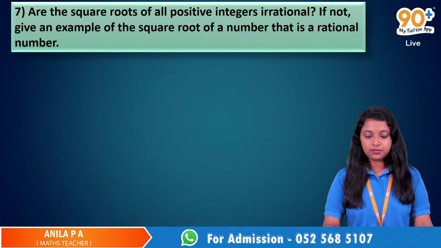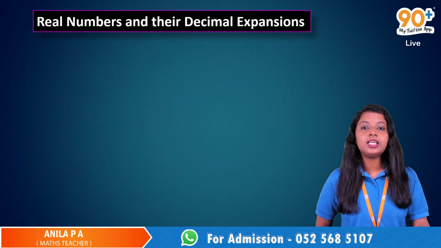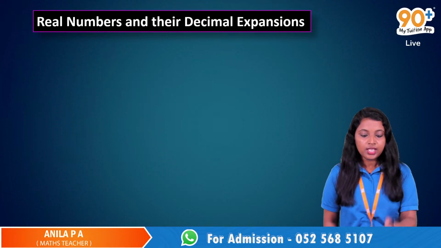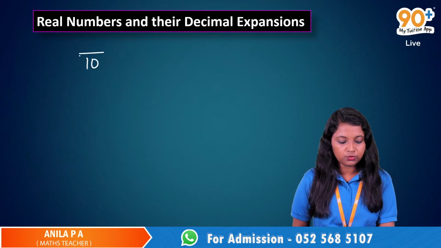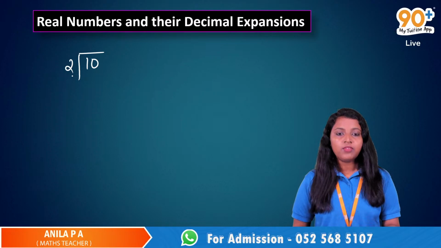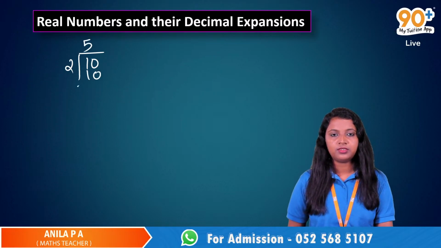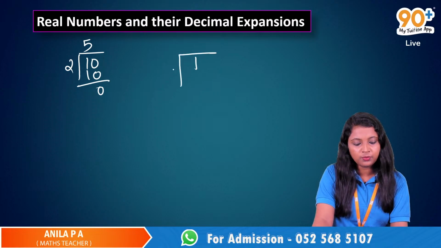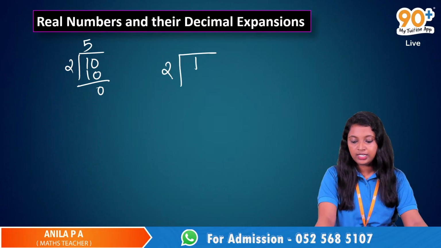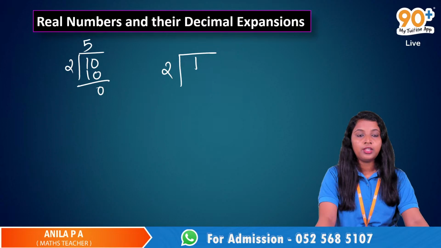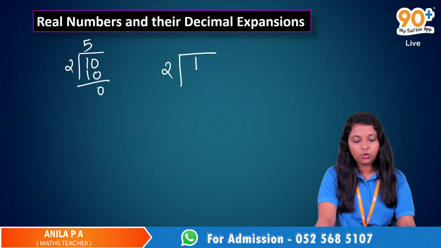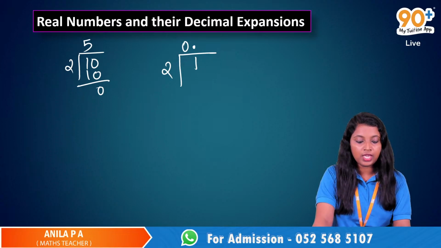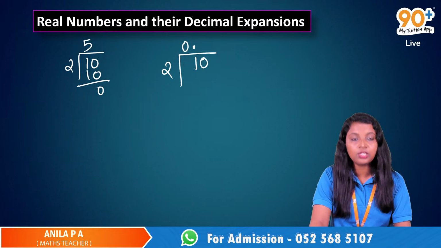Now, real numbers and their decimal expansion. So what is actually this decimal expansion? Suppose we have 10 by 2. We will get 5 here. There is no decimal and all. But what about 1 by 2? Can we divide 1 by 2? No, actually we can't. So what we do is we just put a point here, and we can put a 0 here.